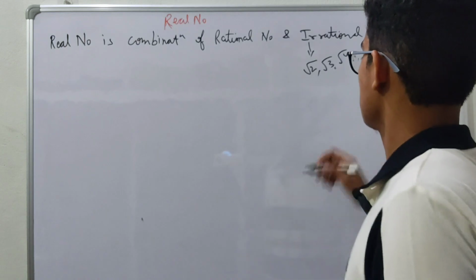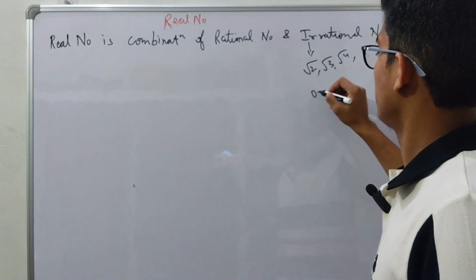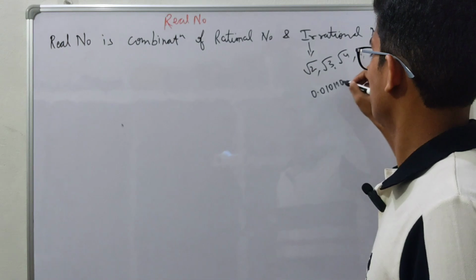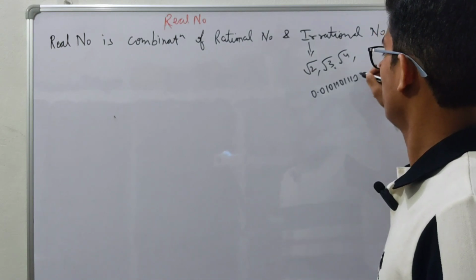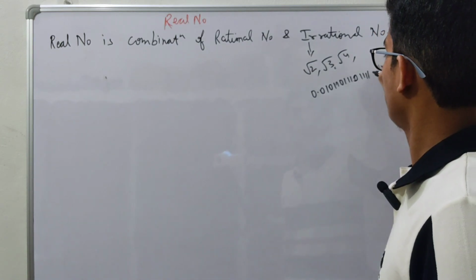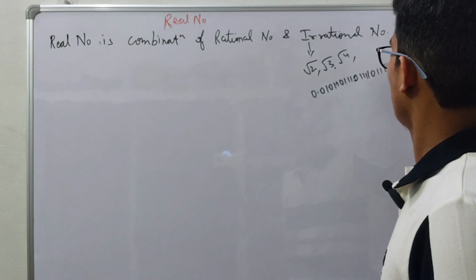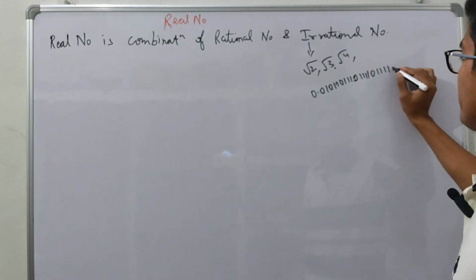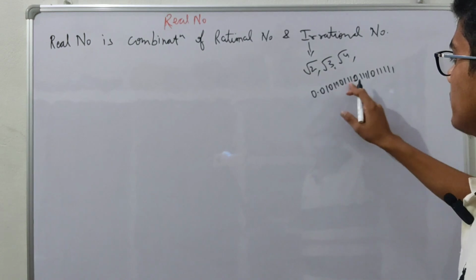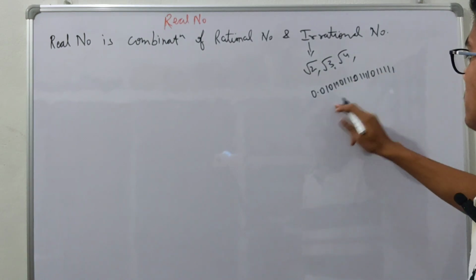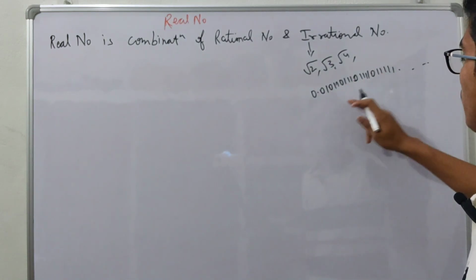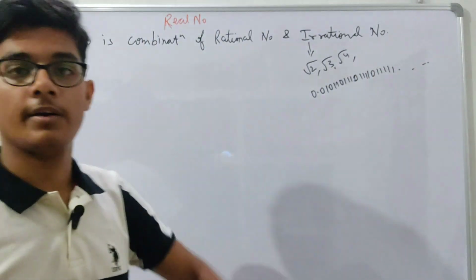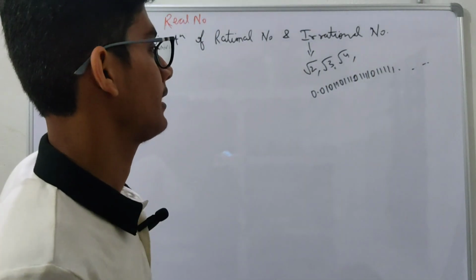Non-terminating, non-recurring means, for example, 0.1011011101111011111... You can clearly see here that the number of 1s is increasing. So this is non-terminating and non-recurring, so this is an irrational number.